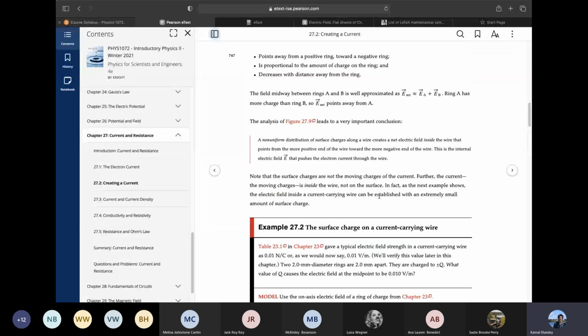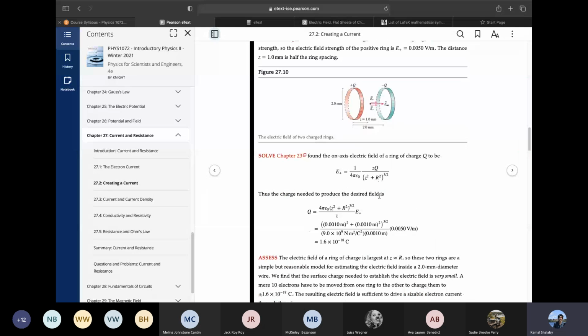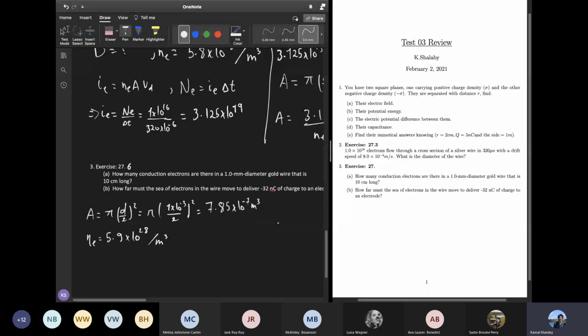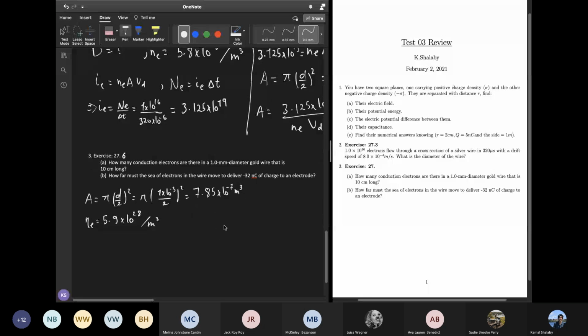Anyway, how many conduction electrons are there in the 1 millimeter wire? How can I find that number? Does anyone know?